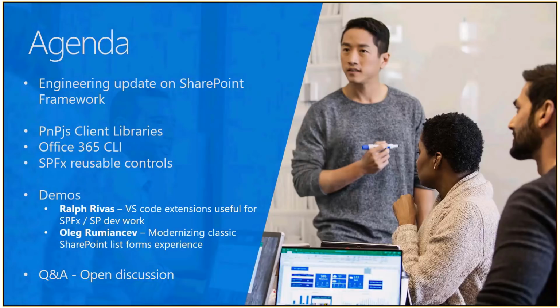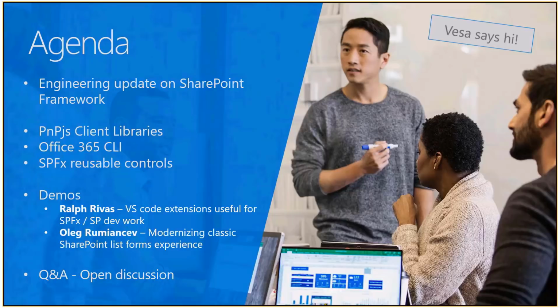So what are we going to cover today? As always, Vesa says hi. I forgot to take that off the slide. Engineering update on SharePoint Framework, we'll start off with that. Then we'll have an update on PnP JS client libraries, as well as a short demo on a little play test experimental thing I tweeted out last Friday, and then some updates on Office 365 CLI and SPFx reusable controls.